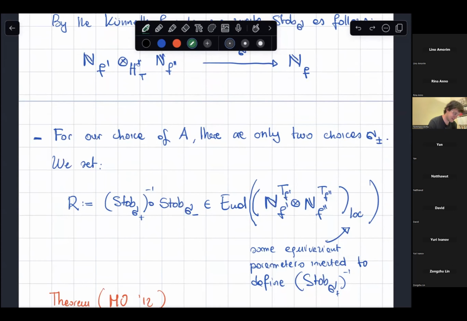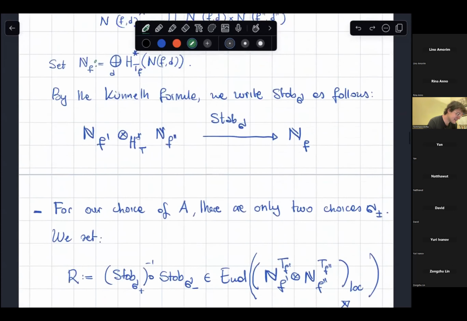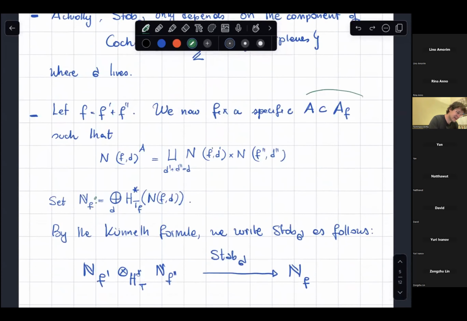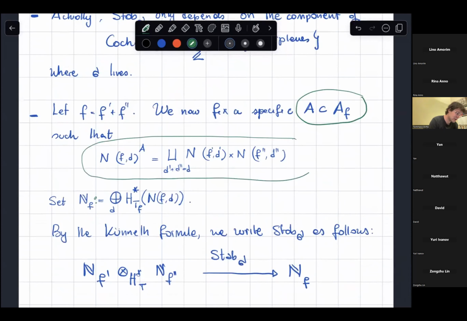Why are there only two choices? You have only two chambers. Yeah, it is because of this very specific choice. So here I'm picking some very specific group A, such that the A fixed locus of my quiver variety will look like this. And for this A, one can dig a bit into the definitions and see that there are only two chambers.